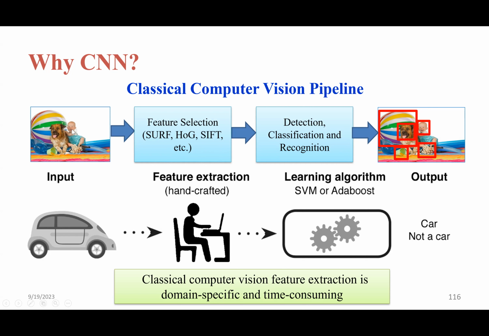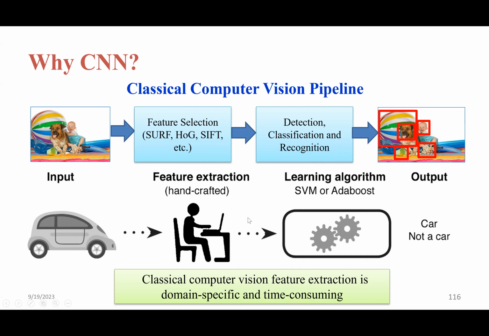An image is there, we use methods like SURF, HOG, SIFT, because these are handcrafted feature sets. Then we manually extract the features and provide them to learning algorithms like SVM, AdaBoost. These are machine learning algorithms, and they are used for classifying those objects into the appropriate class.